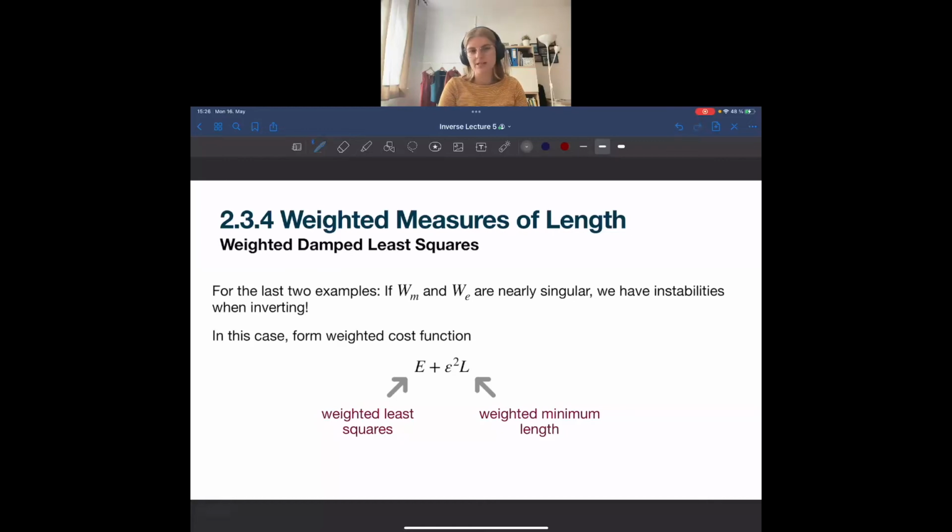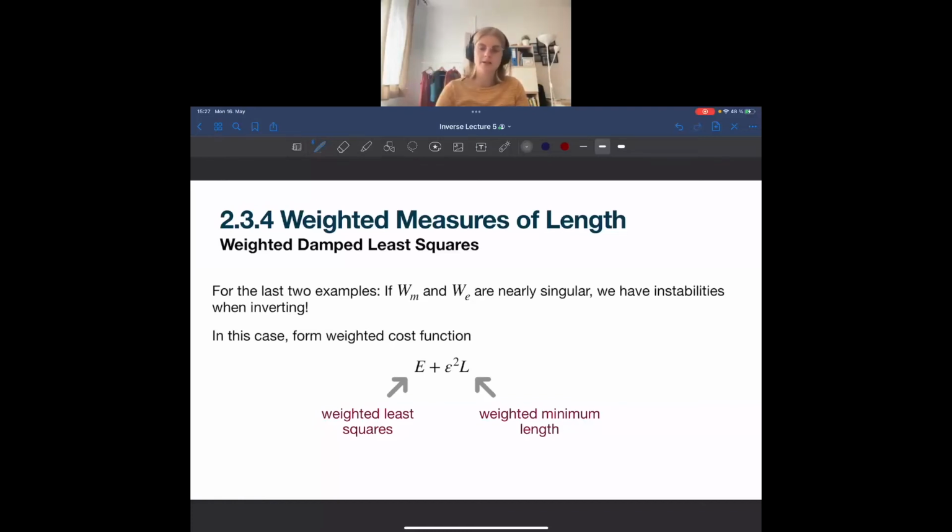So we changed the cost function. Previously, we had either weighted least squares, where we had the usual operator, or we had the weighted minimum length, where we wanted to minimize M transpose times M, or whatever weight we have in there. And now we combine those two. So we say we have a new functional.